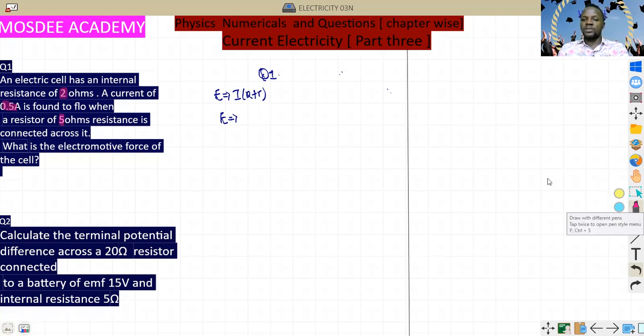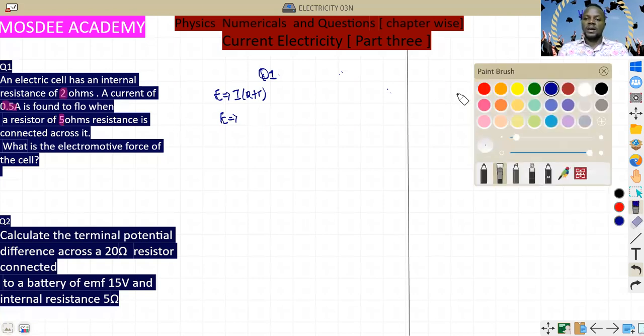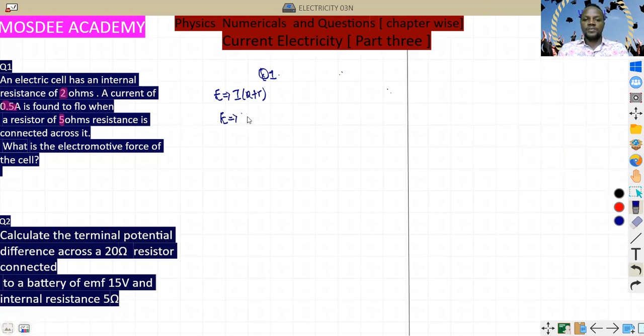So plug in those parameters: 0.5 times (5 plus 2). 5 plus 2 is 7, then 7 times 0.5 is 3.5 volts, which is the answer to the first question.